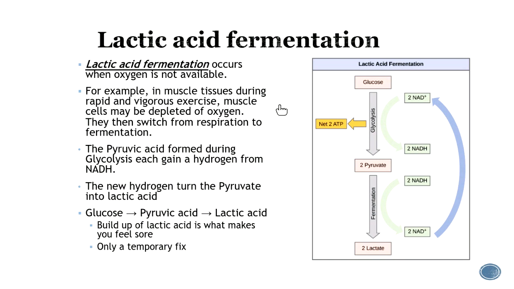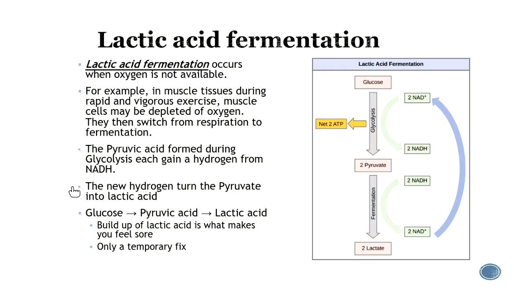Your ATP sources are getting low, so your body is going to shift from aerobic to anaerobic, to lactic acid fermentation, because you probably used up all your oxygen and you need some ATP quick.